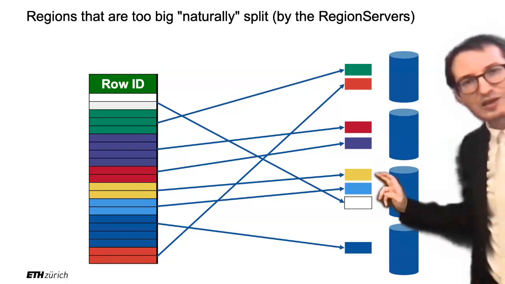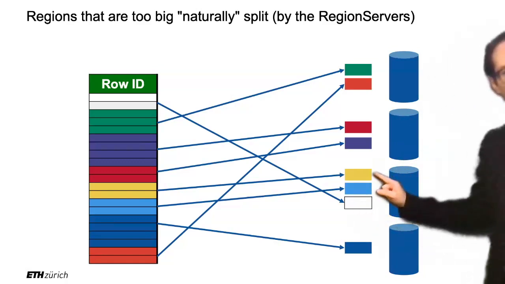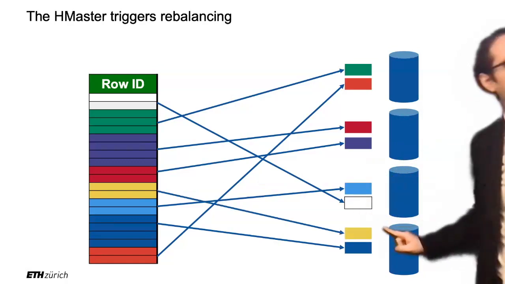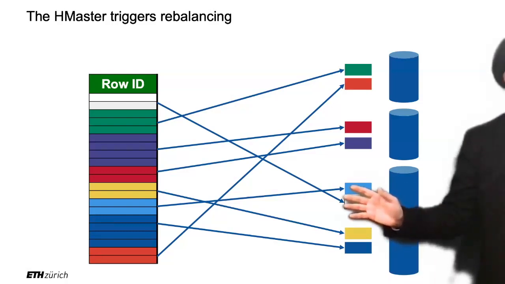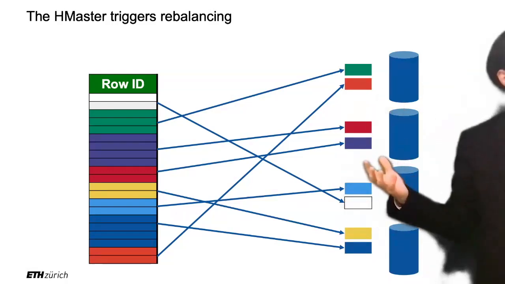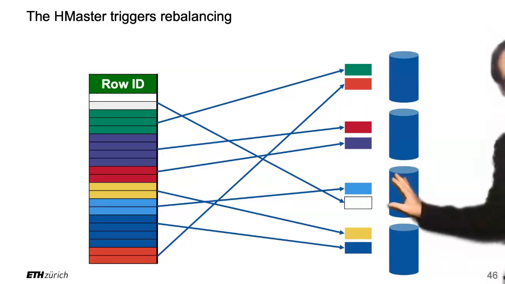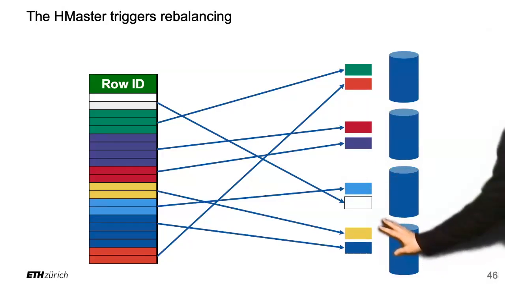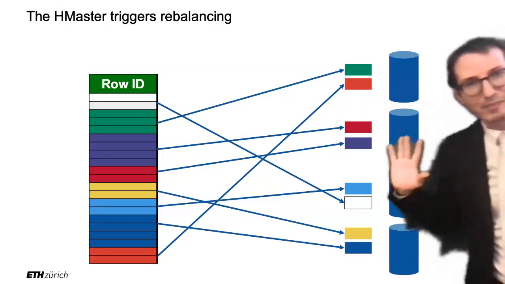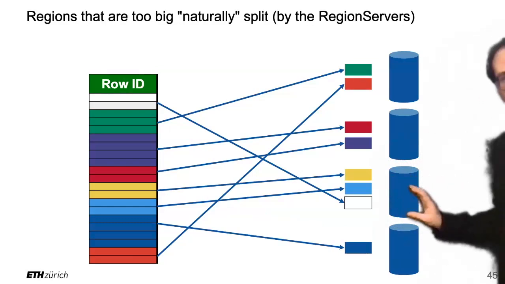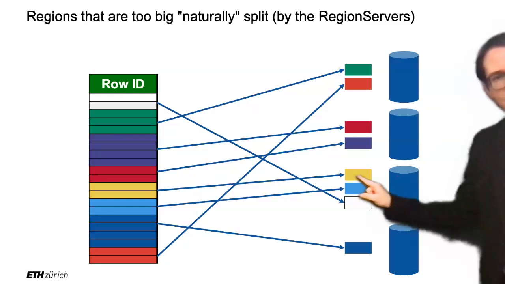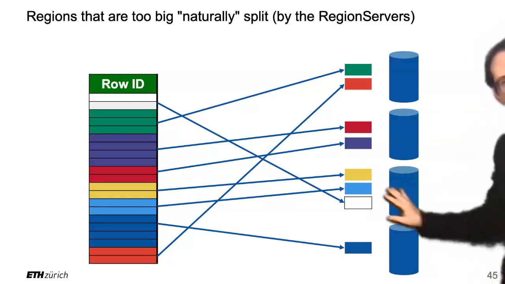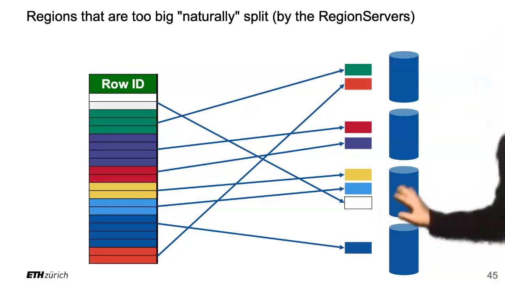So do you see that if I switch the responsibility of the yellow region from here to here, the blocks don't move? They stay where they are. They're on HDFS, and everybody can see HDFS. The only thing that might happen is that if this region server has been responsible for a very long time, it might have a lot of the first replicas of the blocks.